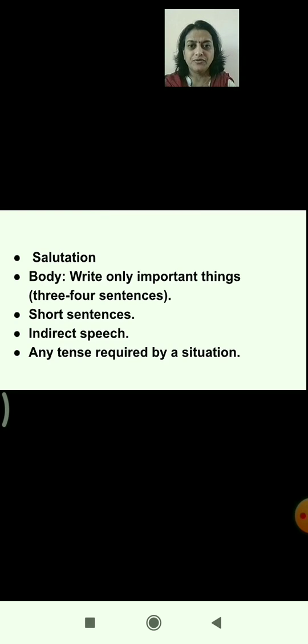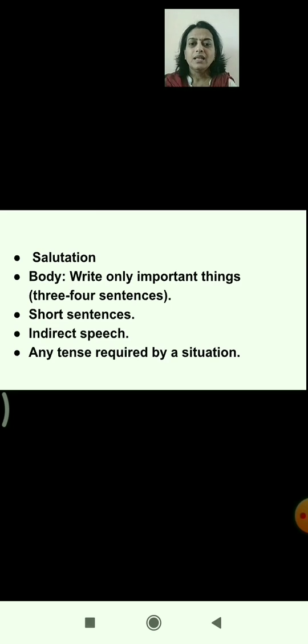They are enough. So don't drag and tell all the things which are not necessary. Whatever is necessary, that much only you have to write. So you will write the information in 3 or 4 sentences, that means approximately 40 to 50 words.